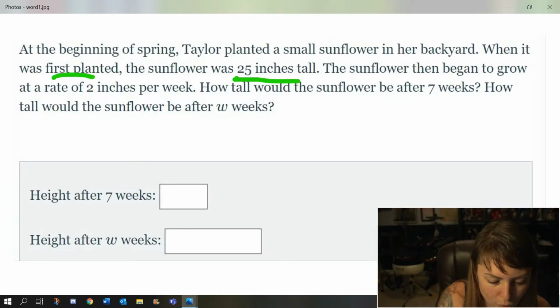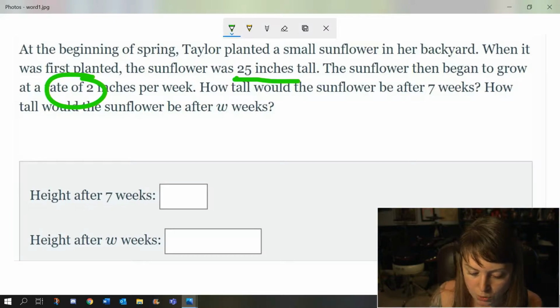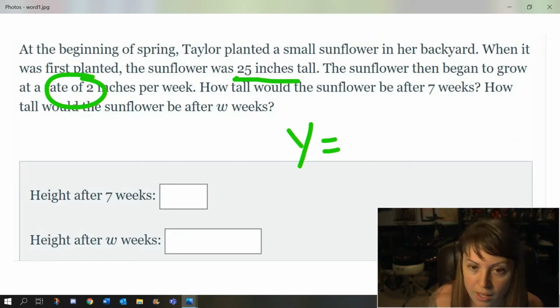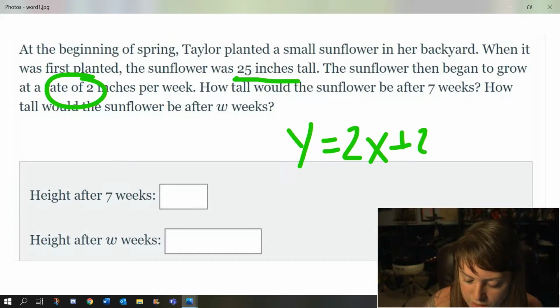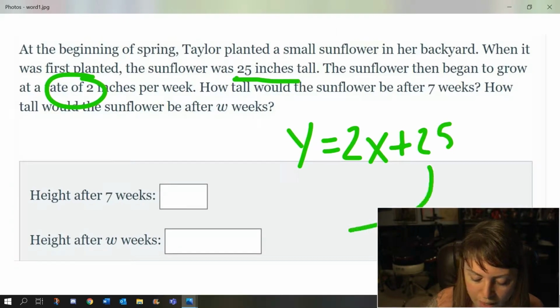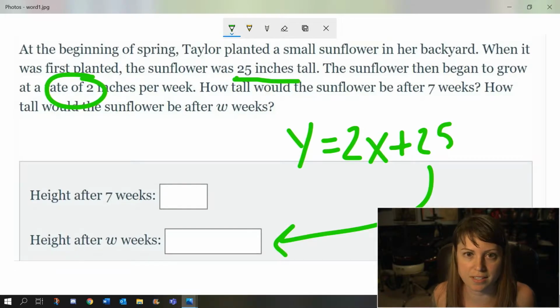We've got a rate of 2. So when we write our equation, we're gonna have 2 at a rate of 2 inches per week, so 2x, that's 2 inches per week, plus 25. Oh my gosh, we are super geniuses. That's our equation.